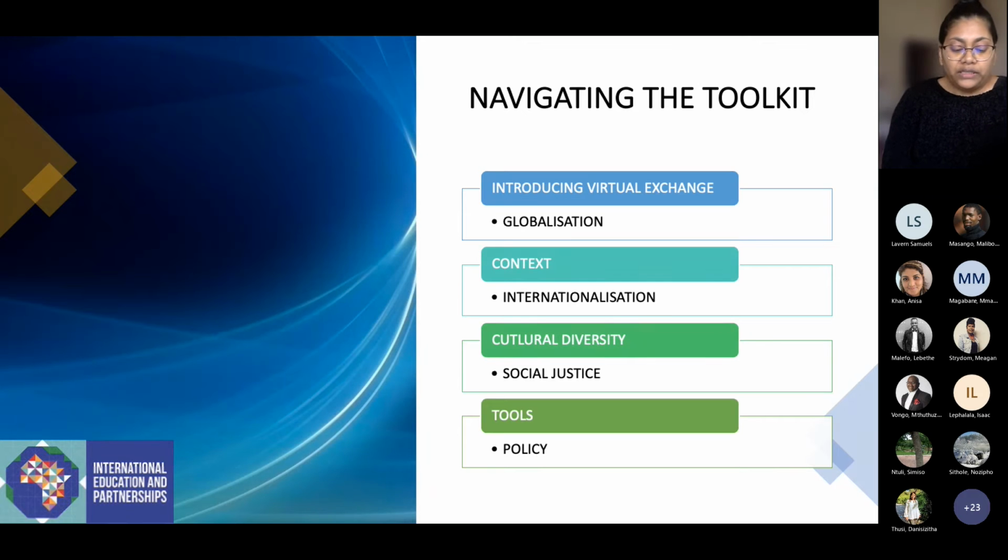We then provide the context of virtual engagement in relation to higher education internationalization and the modified delivery thereof during the pandemic. The toolkit then delivers basic and practical tools for virtual engagement. And finally, we include the aspects of cultural diversity and how to navigate these dynamics in international virtual engagement and the online space.